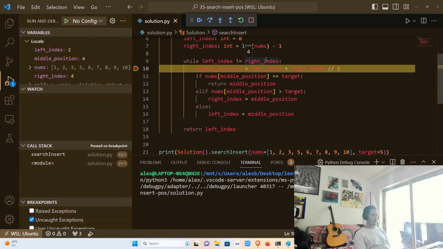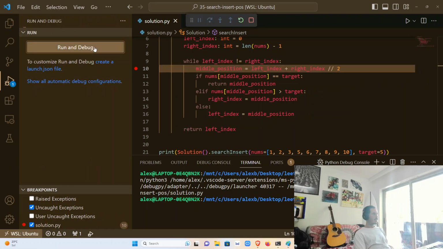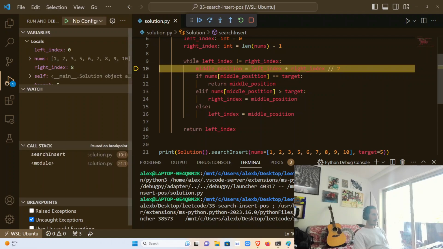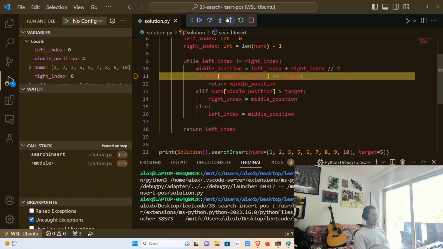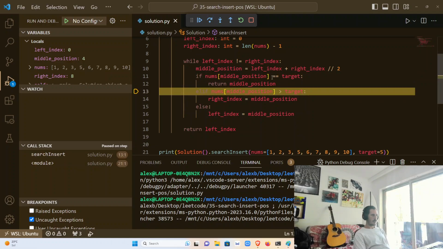Okay, let's start. So left index is 0, right index is 8. So this is not going to be equal because the middle position is 4. So the number is going to be 6.